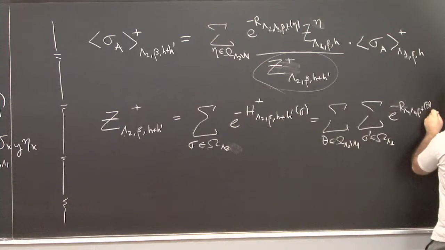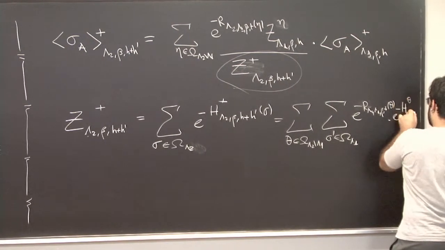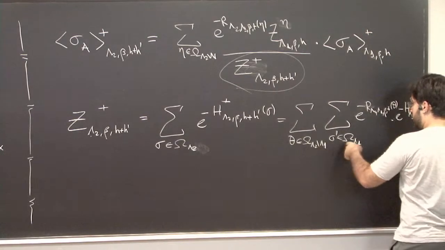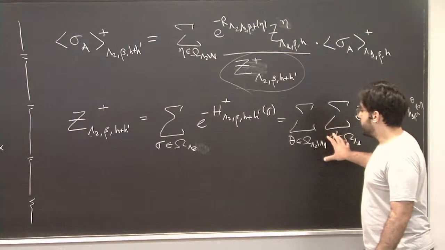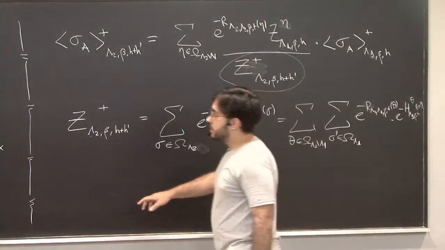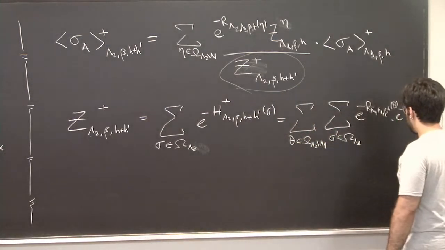Times the exponential of minus h lambda 1 beta h with boundary condition theta sigma prime. Okay, I just used the same decomposition here. I just applied it to the partition function.